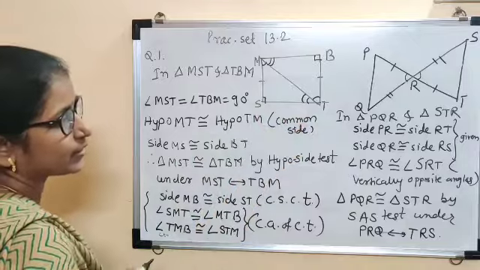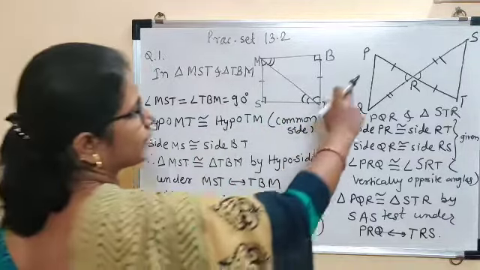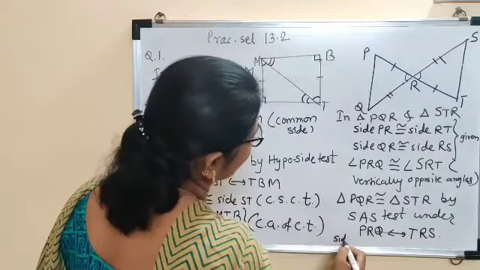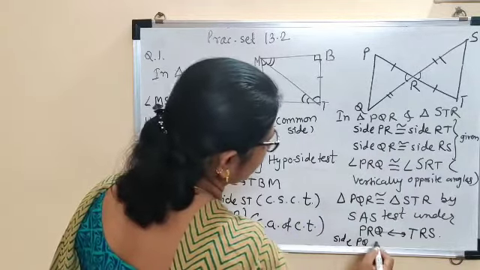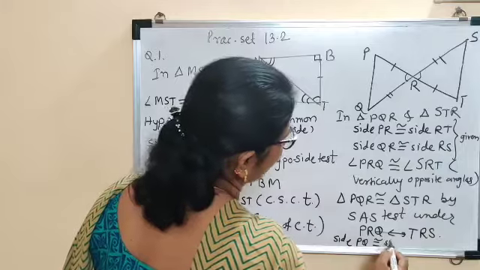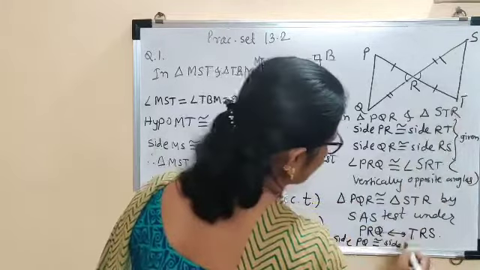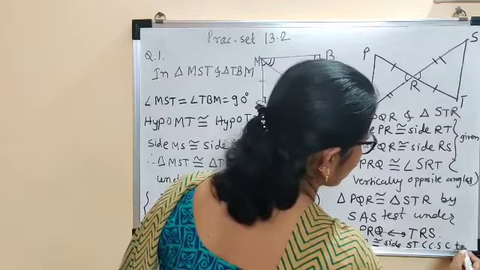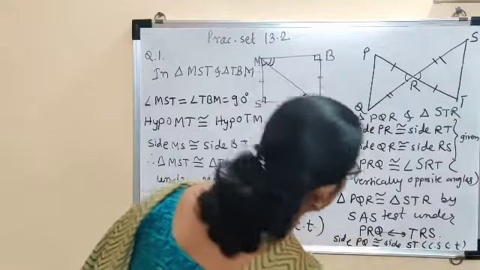Which extra remaining things are congruent here? This side to this side. So side PQ is congruent to side ST. Congruent sides of congruent triangles, CSCT.